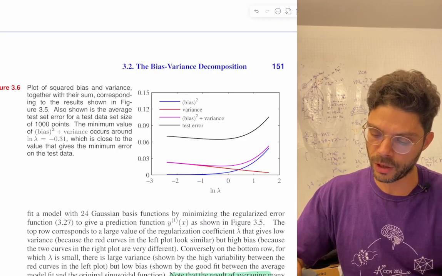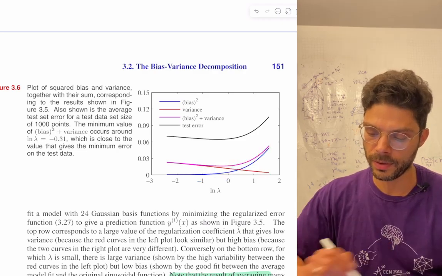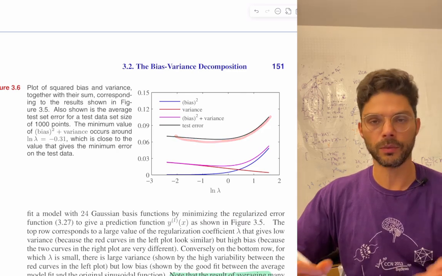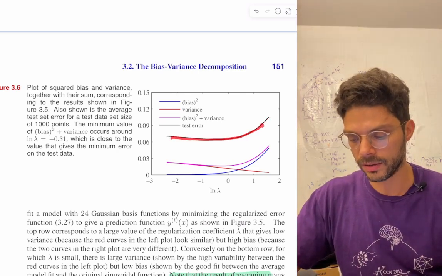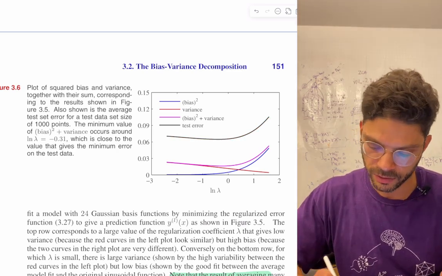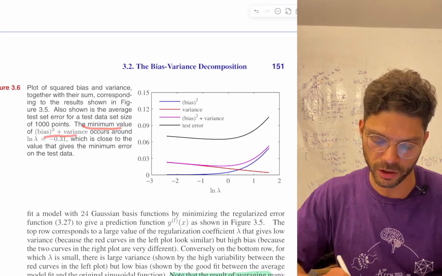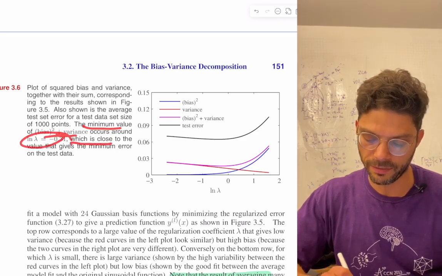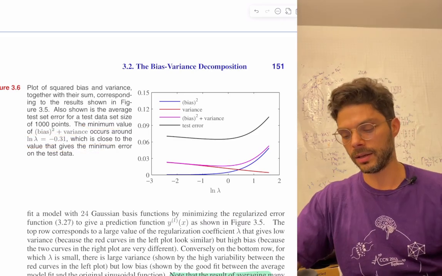And the bias squared plus the variance is this term. And the test error, on held out data, has a very similar shape, but kind of shifted. The minimum value of bias squared plus variance occurs around here, which is close to the value that gives the minimum error on the test data.